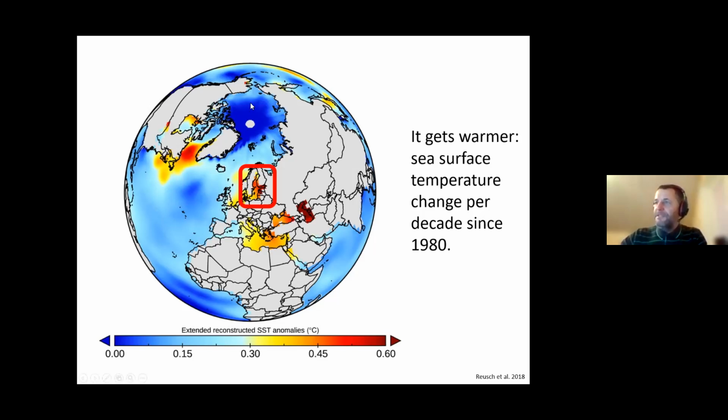But the Baltic Sea, as you can see, is also getting warmer over time. This is the sea surface temperature change per decade during the past 40 years or so. This is taken from a very recent publication, and it indicates that there are only very few areas globally which are getting warmer more rapidly than the Baltic Sea. It's the Ponto-Caspian region here.